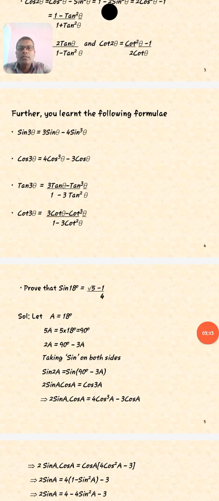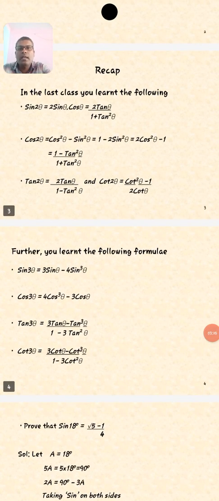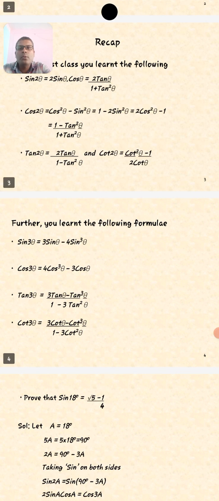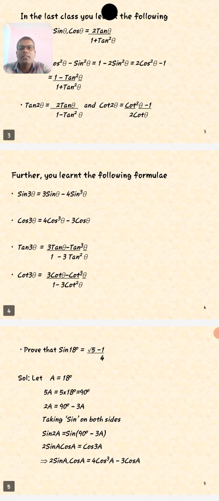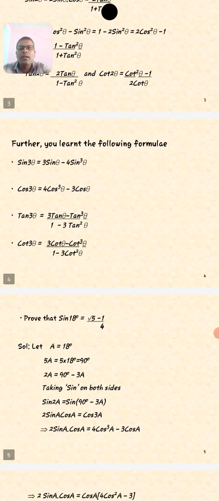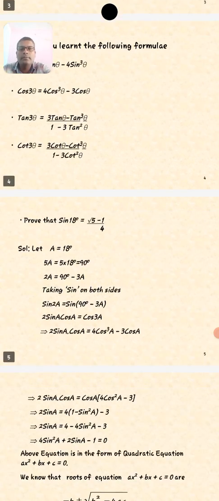Okay, you see here all the formulas are there: sin 2 theta formula, cos 2 theta formula, tan 2 theta formula. The same way sin 3 theta, cos 3 theta, tan 3 theta and cot 3 theta.